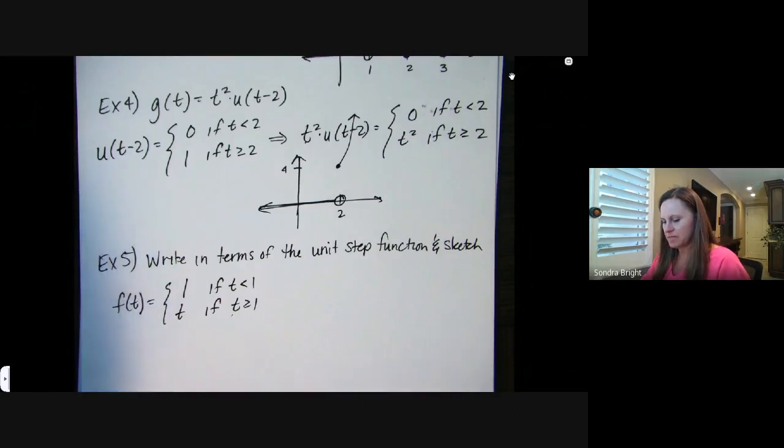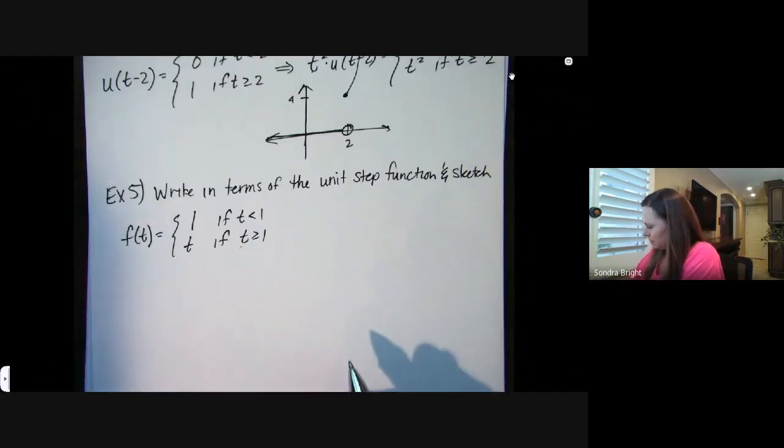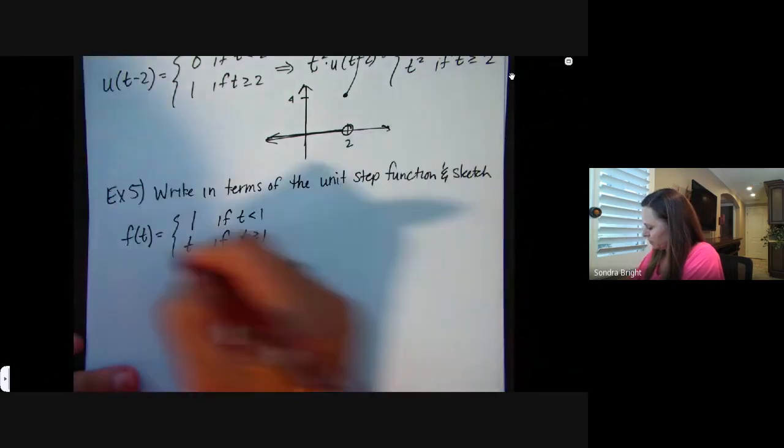The last one they gave us the unit step function, but they wanted us to write it as the piecewise function. Now they give us a piecewise, they want us to write it as the unit step function. Okay, so here's how you work this out. What you gotta imagine is, well, let's sketch it first, and maybe that'll help you envision it.